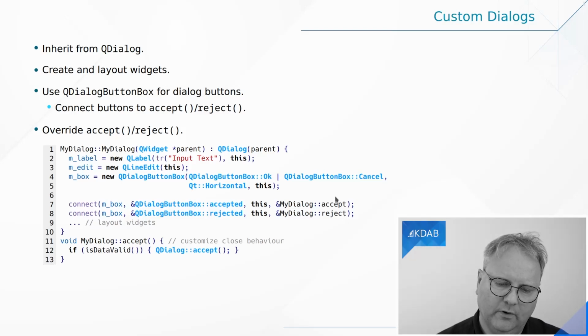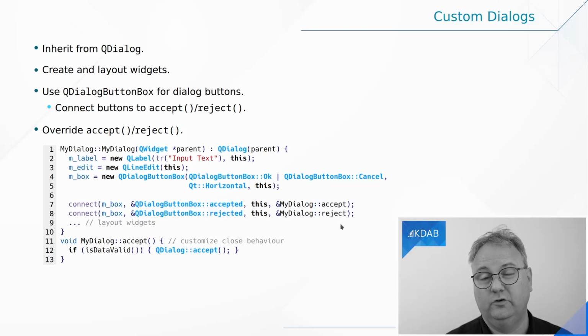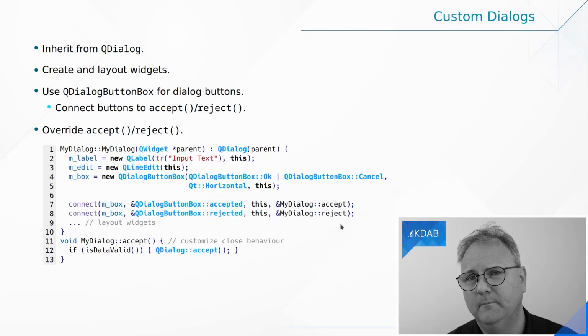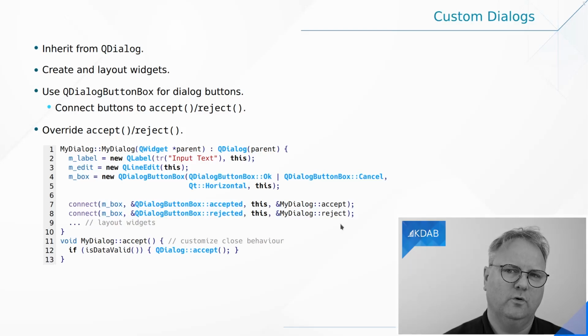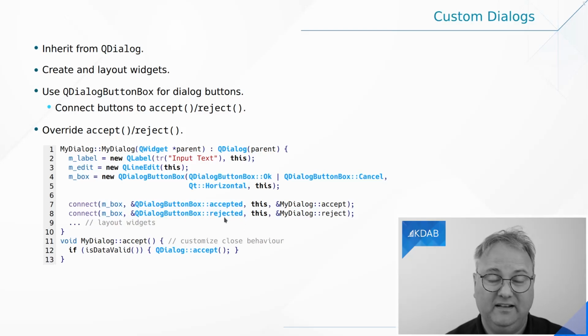See, it's important that you do not just invent new slots. You could have connected this reject to my reject, but then one crucial thing would not work, namely that if you press the cross on your dialog, that will make the QDialogButtonBox not emit the reject, because QDialogButtonBox is just these two buttons in a layout wrapped in a Qt widget.